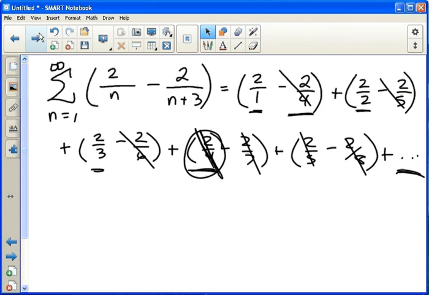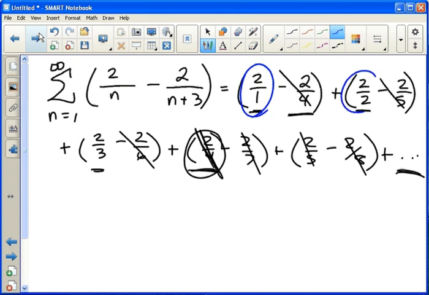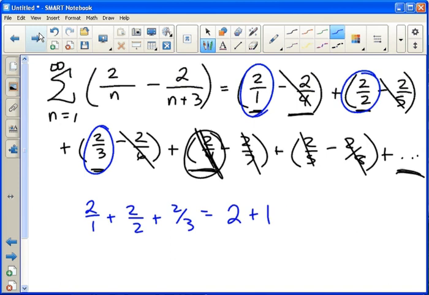That gives us 2 plus 1 plus 2/3, which would be 11/3, or 3 2/3. Let's see, 2 plus 1 is 3, 9/3. Yes, there we go. So 11/3. I just want to make sure you saw an example where more than just the very first term was left over.